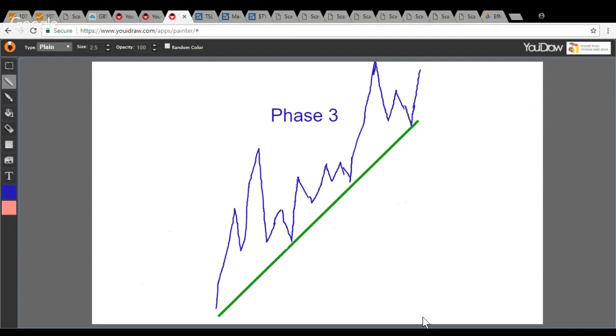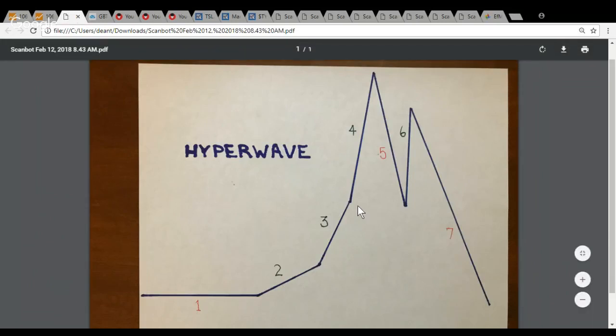So you don't get excited about the prospects of anything that breaks a phase 3. But let's take the optimistic view, which is phase 3 completes itself, and now you get this remarkable, exciting phase 4 line.